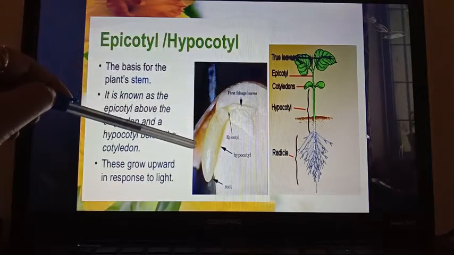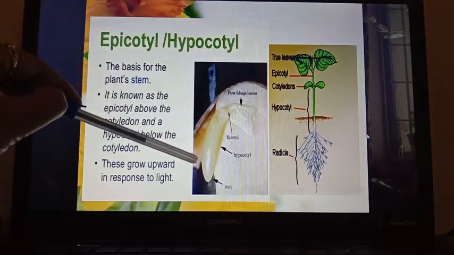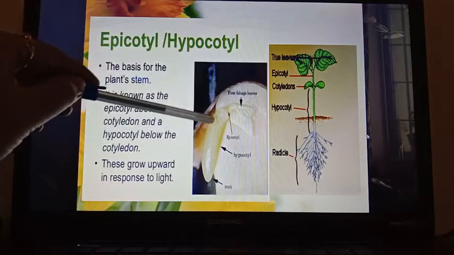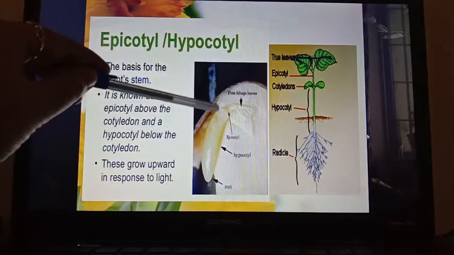In this picture you can see the embryonic stem of the plant.